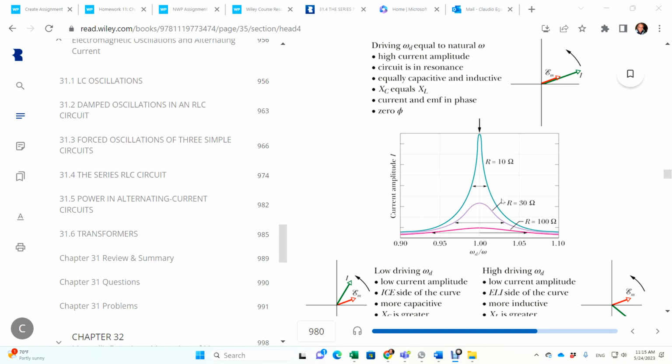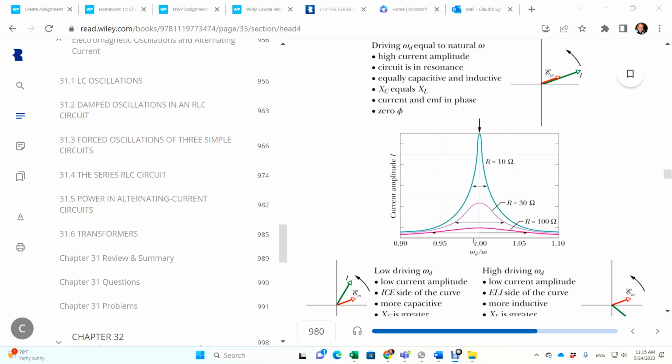If you're far away from those stations, you can tune your radio to a specific frequency to pick up just one specific station. However, if you want to pick up another station, what do you have to do? You have to tune your circuit again, to a different inductor and a different capacitor, to pick up the other frequency. That's the practical application of this type of result.